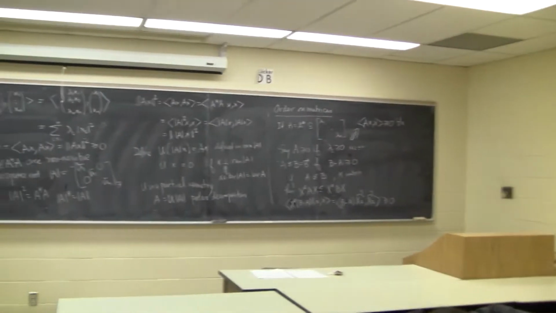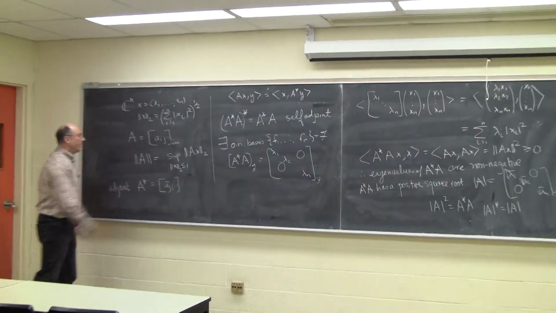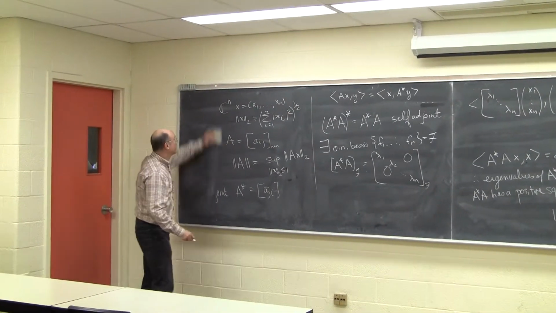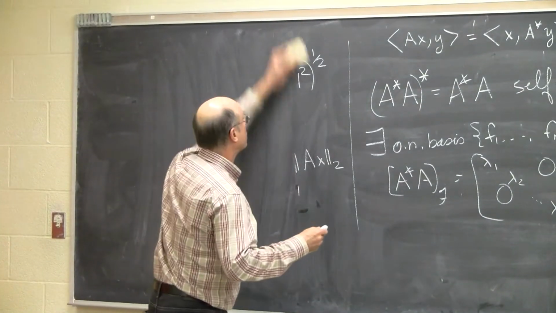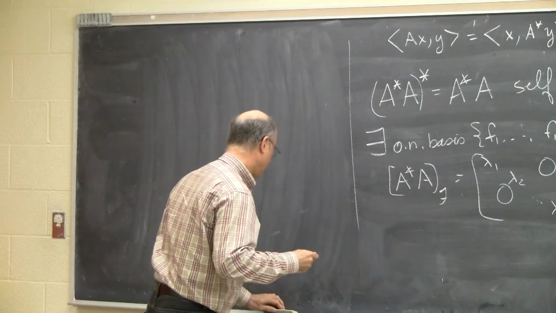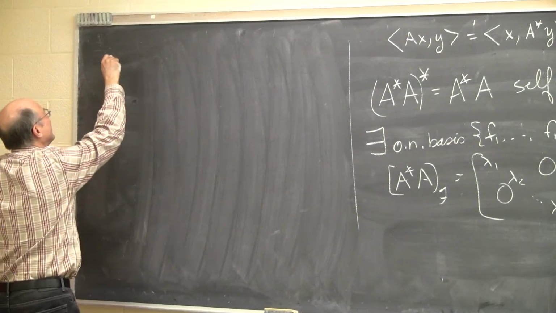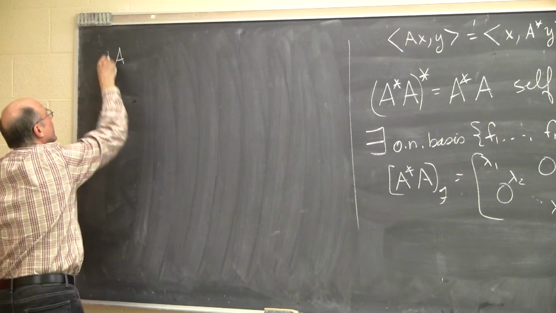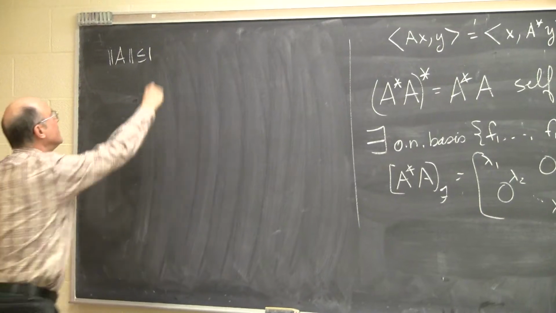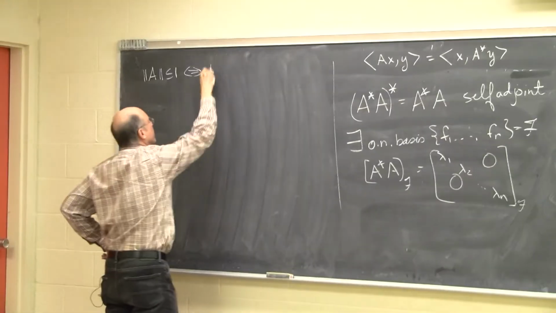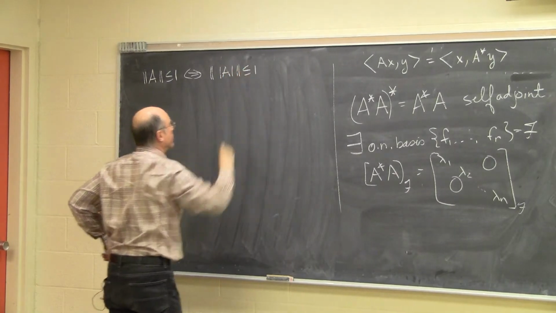And there's one more thing about the order I want to mention, because we want to come back and get a handle on the norm of A. So we have norm of A is less than or equal to 1 if and only if the norm of absolute A is less than or equal to 1.